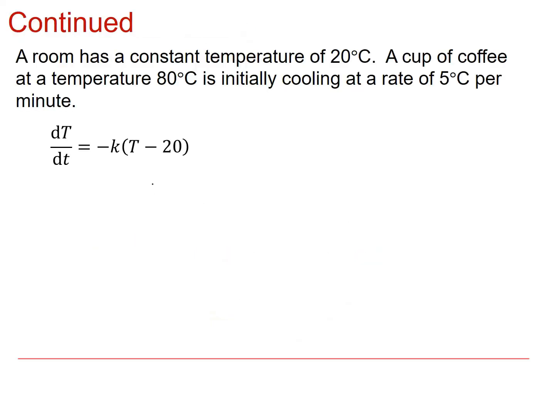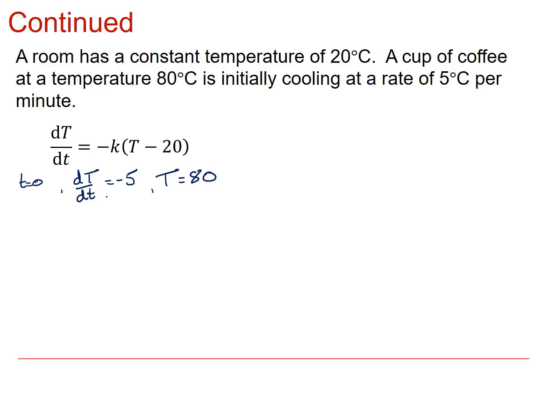Okay, moving on then. So I've got here dT by dt is equal to minus k times T minus 20, and I want to try and get a value for k here. Well, I know the rate when t equals 0. I know that the rate of cooling is equal to minus 5, and I know that the temperature is equal to 80.